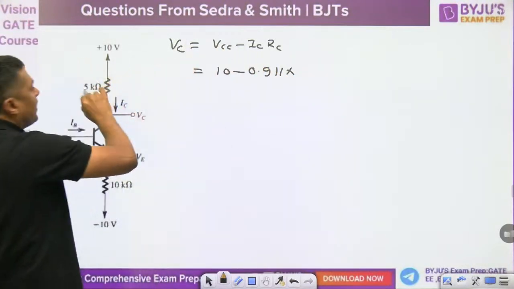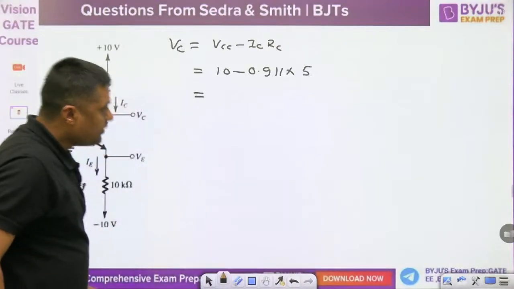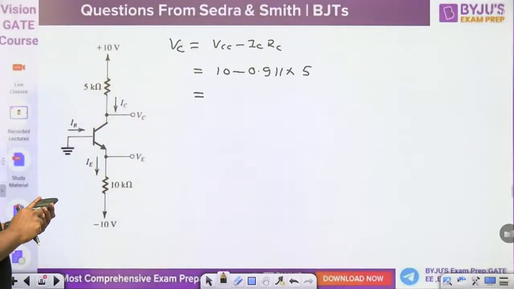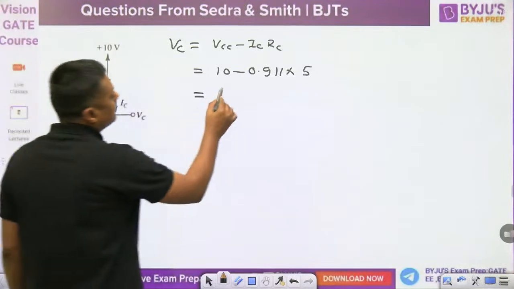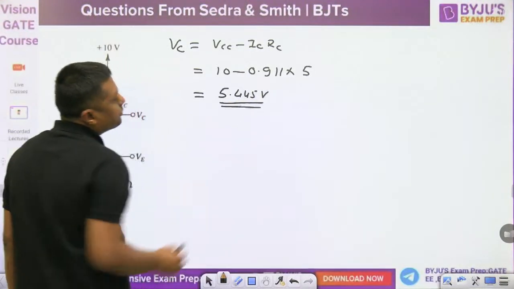What is the RC? 5 kilo ohm. Then you can find the value of VC here. Into 5, 5.445. Okay, this is the value of VC.